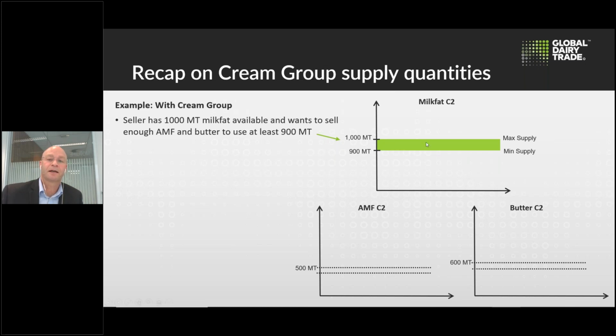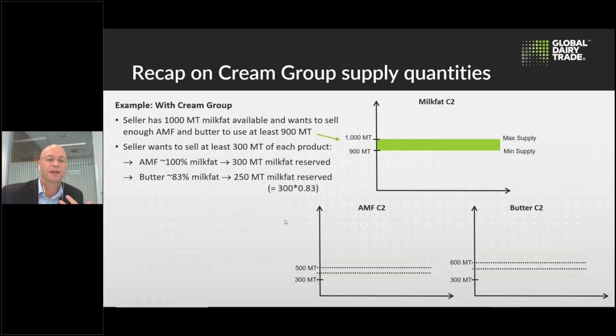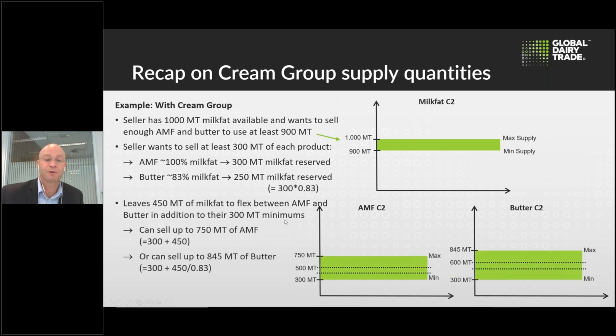So that's this milk fat setting up here. We've got a certain amount of AMF and butter as minimums that the seller wants to ensure they sell at least those numbers. So we reserve milk fat for that. And then the remaining milk fat that hasn't been reserved is available to flex across the two products. And that creates the range of flexibility that you can see in these charts.